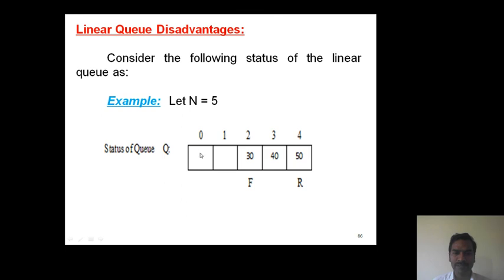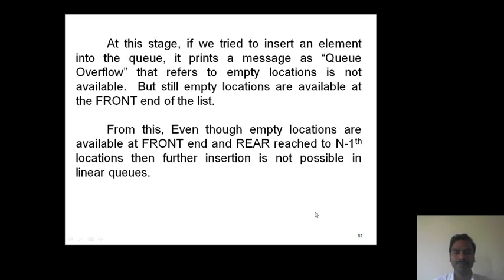But observe, students, empty locations are still available at the front end of the list, but these locations are not possible to utilize in a linear queue. This is the major disadvantage of a linear queue.